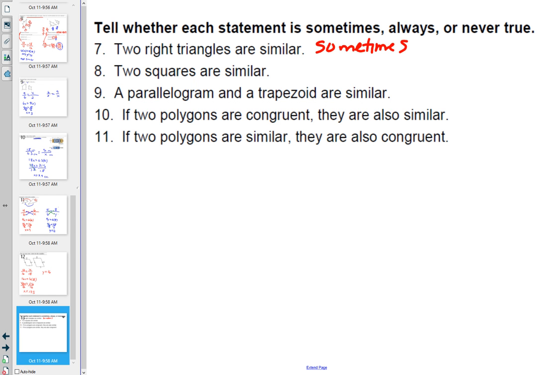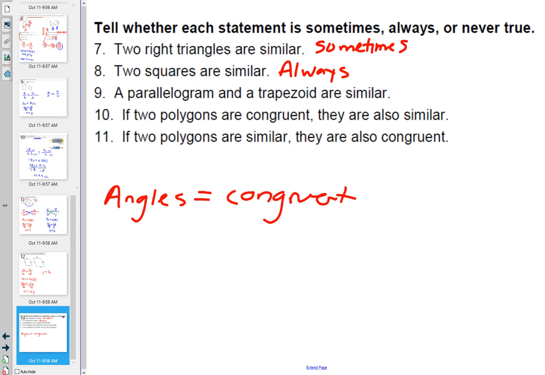Two squares are similar. Nope. Never true. Why is that? Well, think about it. In order to be similar, remember on the notes, if you still have them, angles are congruent.